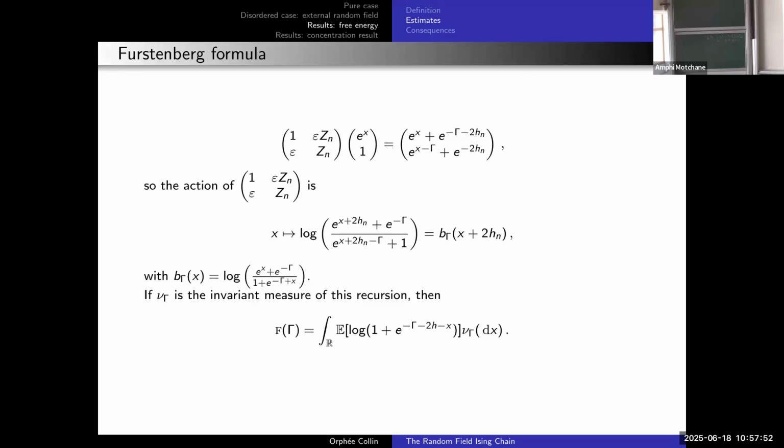Hn is random, so this defines a Markov chain, and the Furstenberg formula expresses the Lyapunov exponent, so in our case the free energy, as an integral formula involving the invariant measure of this Markov chain. This is not very nice looking, but what you should keep in mind is that we need to understand precisely the invariant measure, probability measure, sorry, next to gamma.